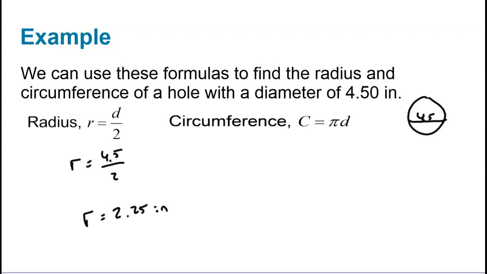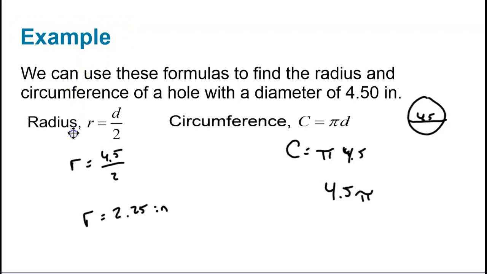And the circumference around that circle is going to be pi times the diameter, 4.5. We can just leave it like that, and this is actually the most truthful way to describe that circumference, as 4.5 times pi.